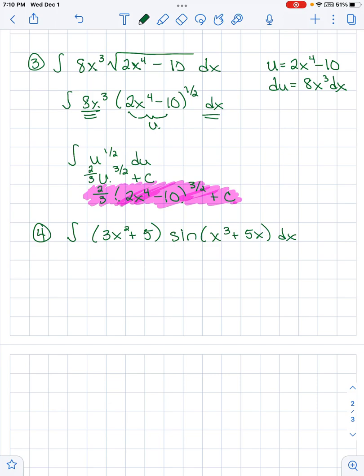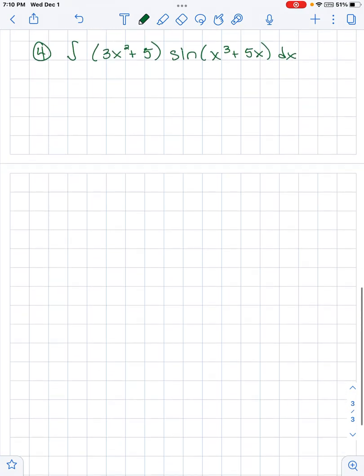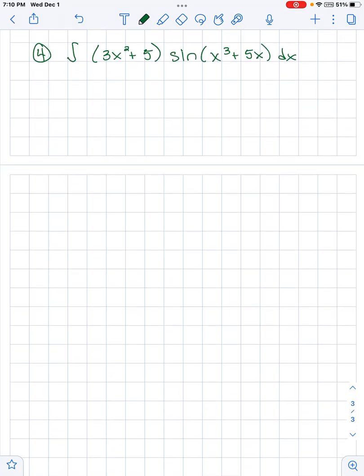Okay, welcome back. I hope you tried it. I didn't quite leave myself enough room for the u on the side, so I'm going to put my u down below. I see an inner function here. I'm going to let u equal x cubed plus 5x. And du then is 3x squared plus 5 dx. So let's rewrite the integral.